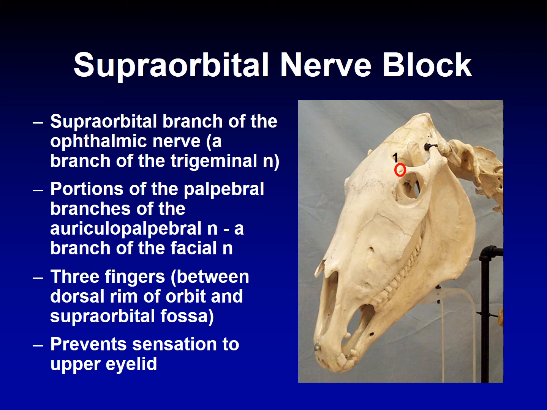This nerve block prevents sensation to the upper eyelid. So if I have a problem in the upper eyelid, a laceration, a tumor, a lesion in the upper eyelid, this nerve block is an important one to utilize.